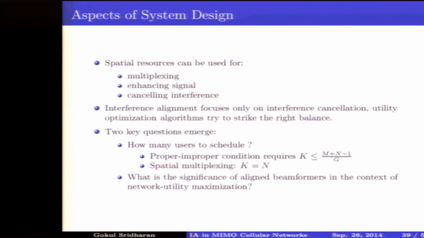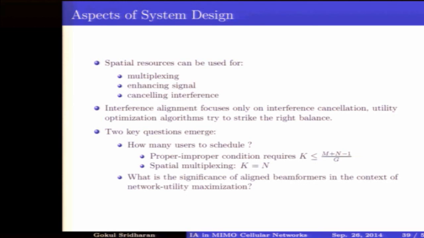Some insight on the trade-off between multiplexing and cancelling interference is given by interference alignment. So why do I say that? One key question that emerges in multi-antenna cellular networks is how many users one can schedule simultaneously on any given tone. If you were to go with spatial multiplexing, you would simply say, why not schedule as many users as there are transmit antennas, K equal to n?